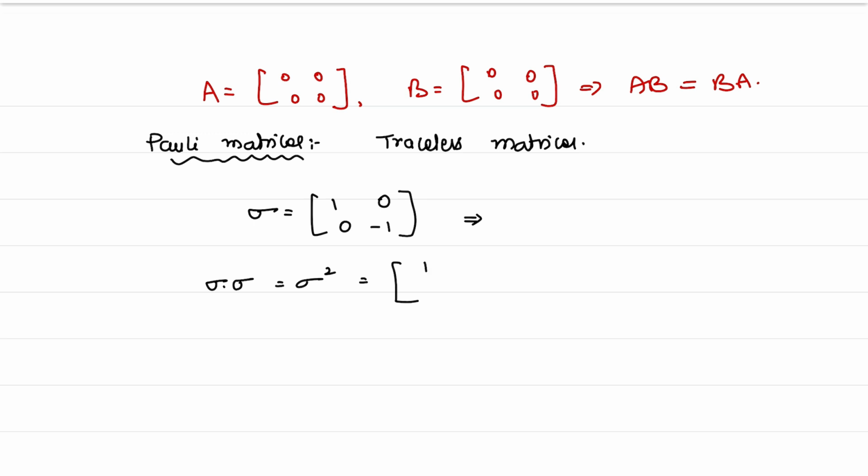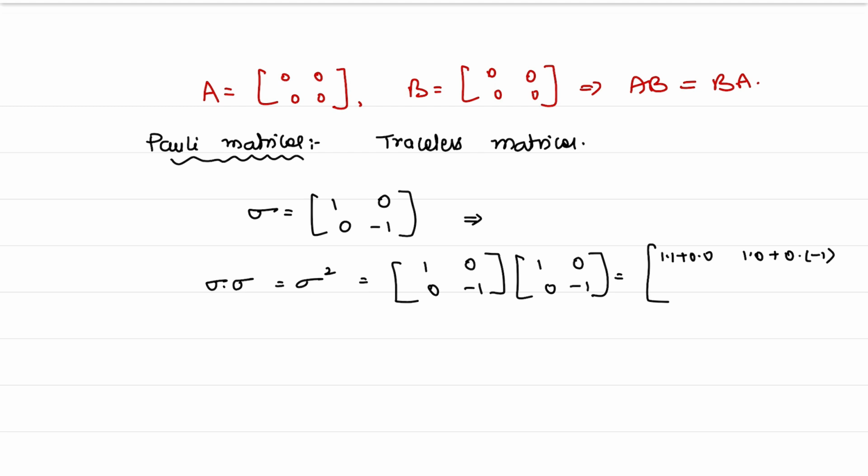Let us see. 1, 0, 0, minus 1 into 1, 0, 0, minus 1. That is equal to 1 into 1 plus 0 into 0, first element. Second element in the row, 1 into 0 plus 0 into minus 1.